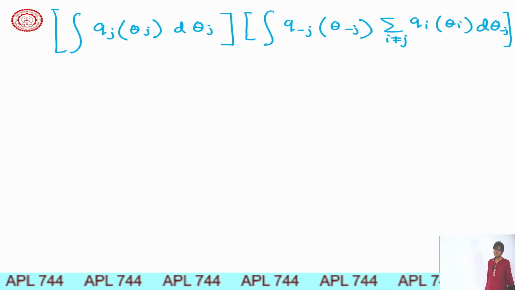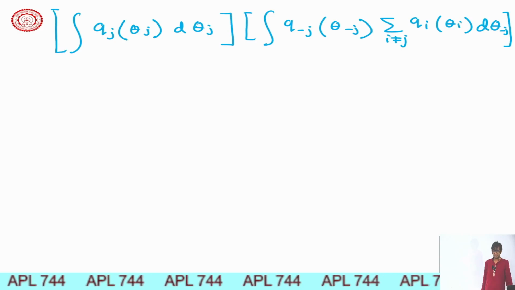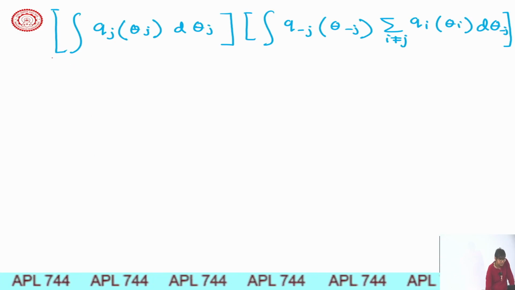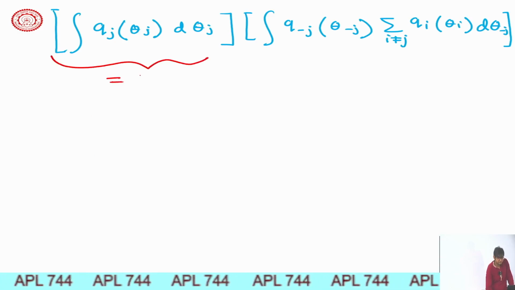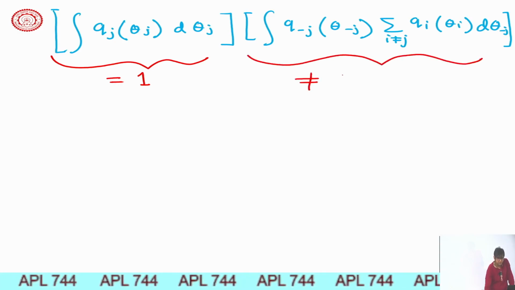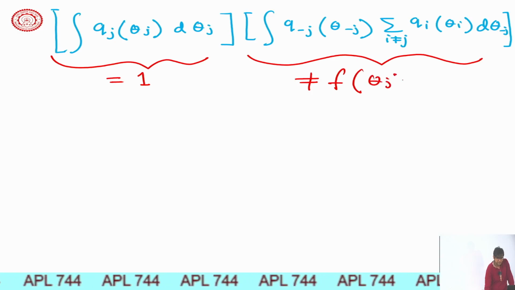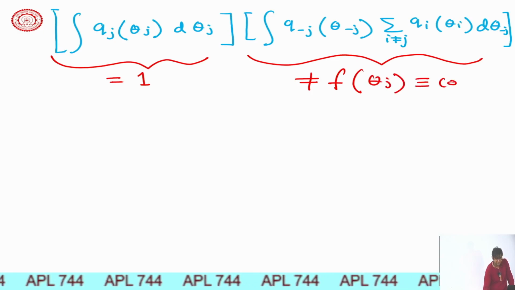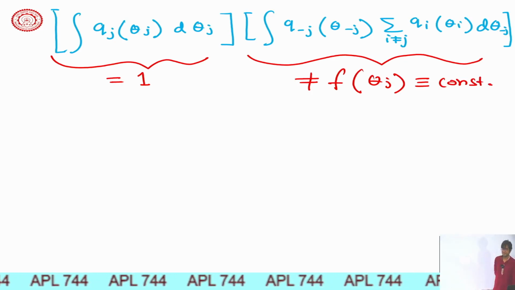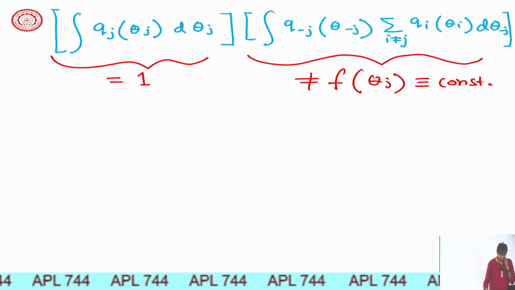Correct? This is the expression, and as correctly pointed out by you, this is equal to 1 and this portion is not a function of theta j, which means it is equivalent to a constant. Clear?